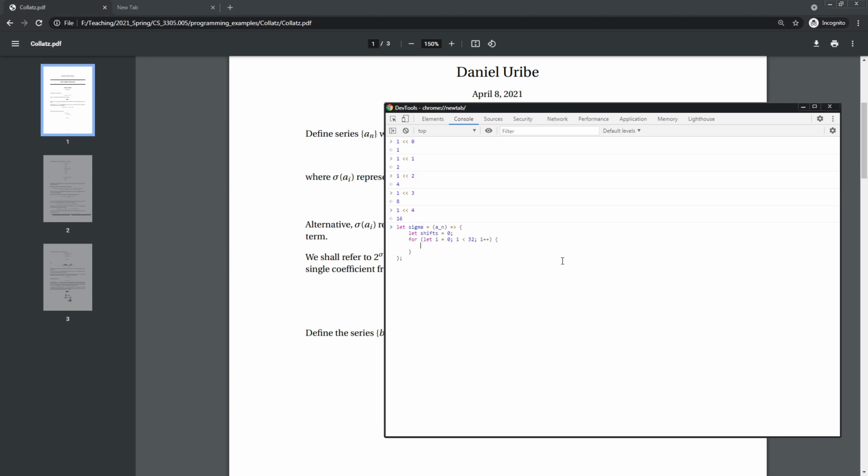So we loop through, and then we check whether a sub n with the bitwise AND operator 1 shifted to the left i times.